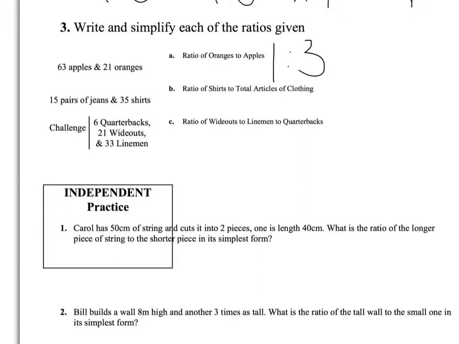Part B is going to be Mark. Mark, what do you have for part B of total shirts to total articles of clothing? Sorry, say that nice and loud, please. 7 to 10. How'd you get that?